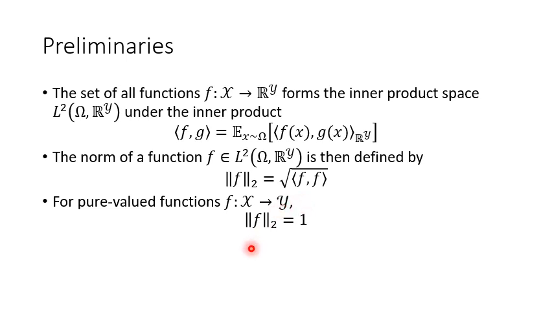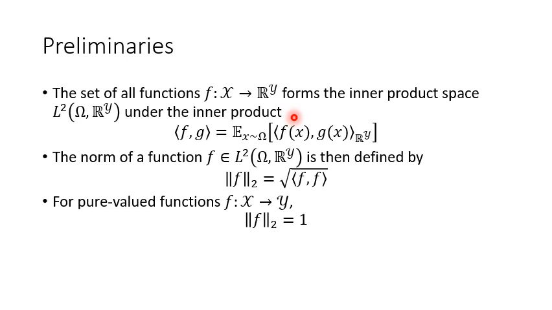And then we can immediately see that the L2 norm of such functions is 1, because if we take the inner product of this function with itself, then for every input X, we will always get 1 for the correct output of the function, and 0 for all the invalid outputs.